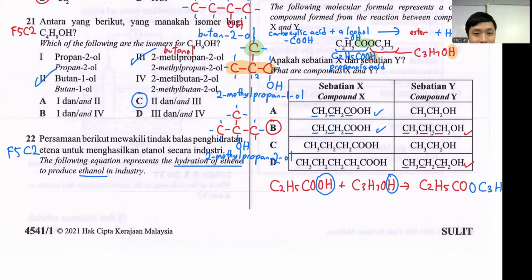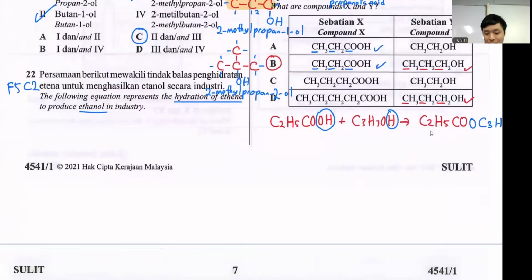Like for compound X for B, there's 3 carbon. Here got 3 carbon total, correct? Alcohol also got 3 carbon. Correct. Okay.